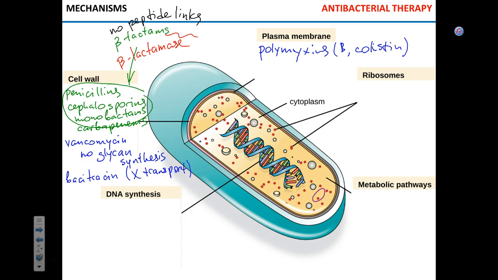And another one is daptomycin. Right? Polymyxins bind to LPS and disrupt the structure of the membrane. Daptomycin essentially forms pores in the membrane.